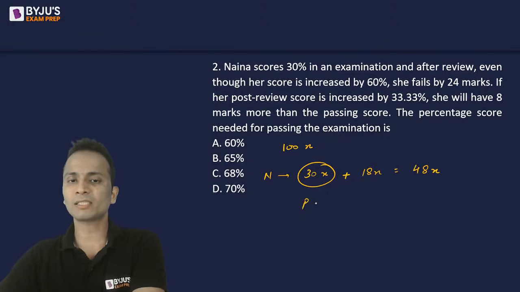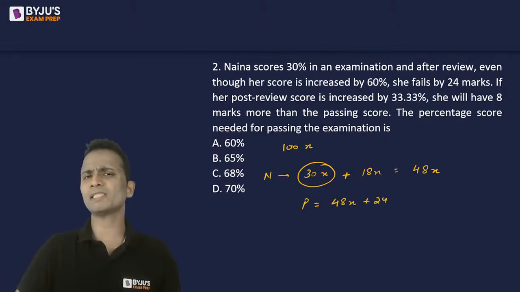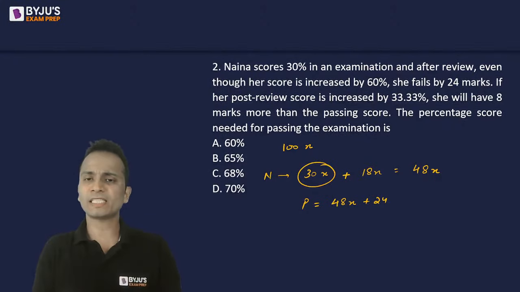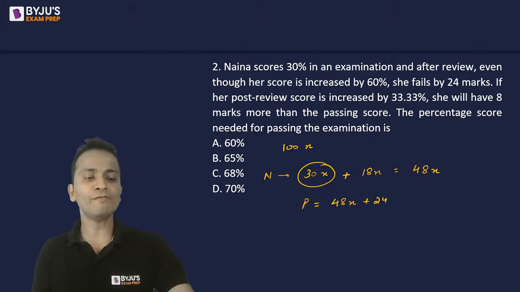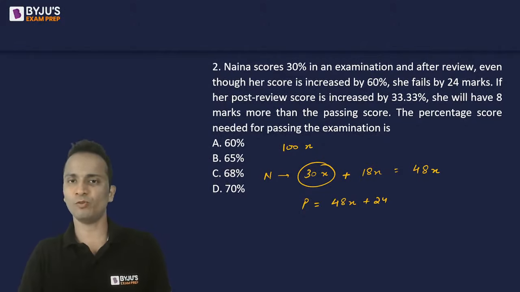So passing marks will be equal to 48x plus 24. She fails by 24 marks. That means her marks, 48x, are 24 marks less than the passing marks. So the passing marks will be 48x plus 24.